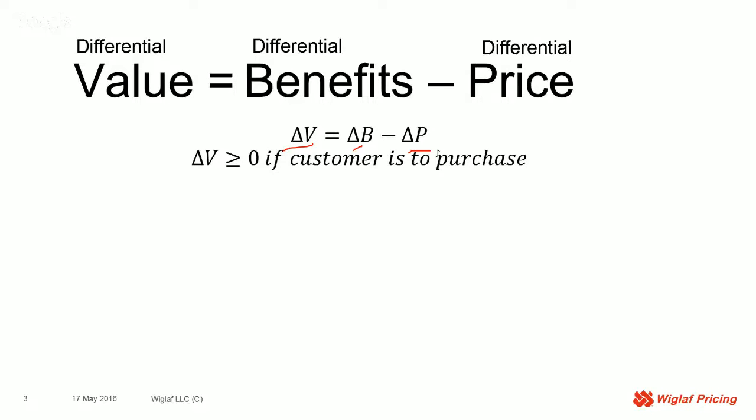Seems pretty obvious. Put in some subscripts. Delta B goes into the benefits of my firm versus the alternative. Delta P goes into the price that I'm asking for, my firm, versus the alternative. I want it to be greater than zero because I want customers to purchase from me.